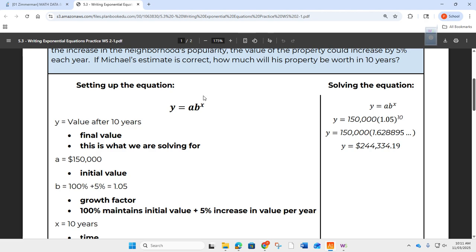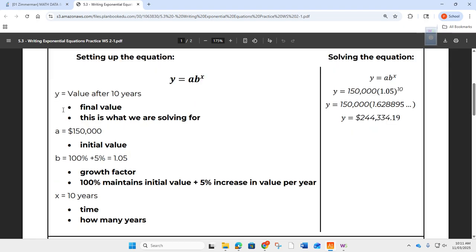So here, looking at the problem they give you, it says y equals the value after 10 years. The initial value, this is a 5% increase in value per year, but you'll notice our growth factor is 1.05.